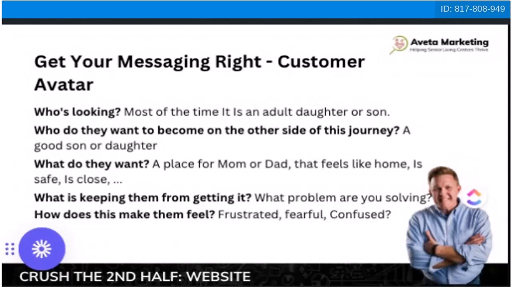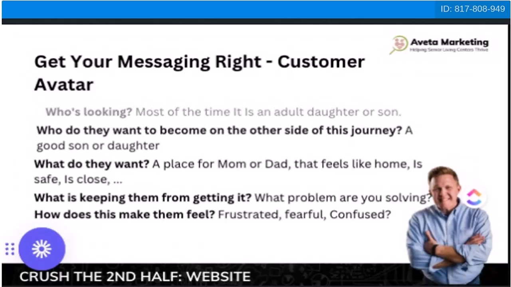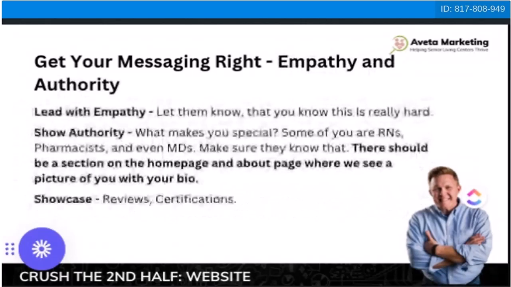So that can really help us think about what language we're going to put on our website. So it does make us really lean into empathy and authority. So we have to lead with empathy in all these conversations and in what we're putting on our website.